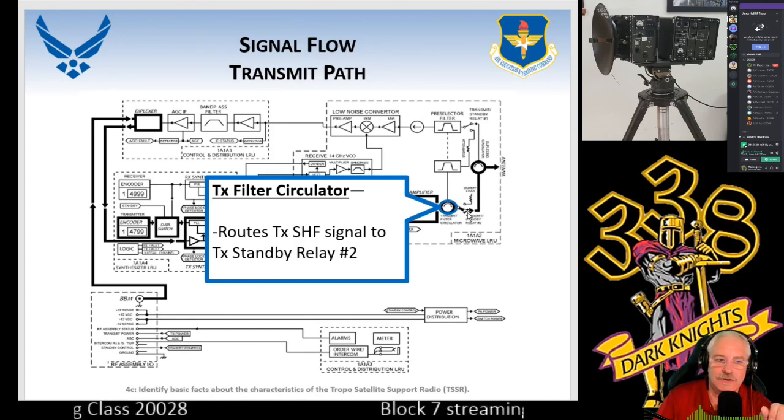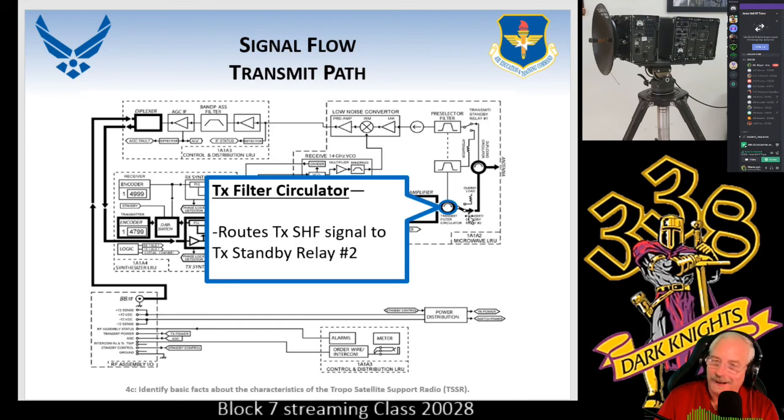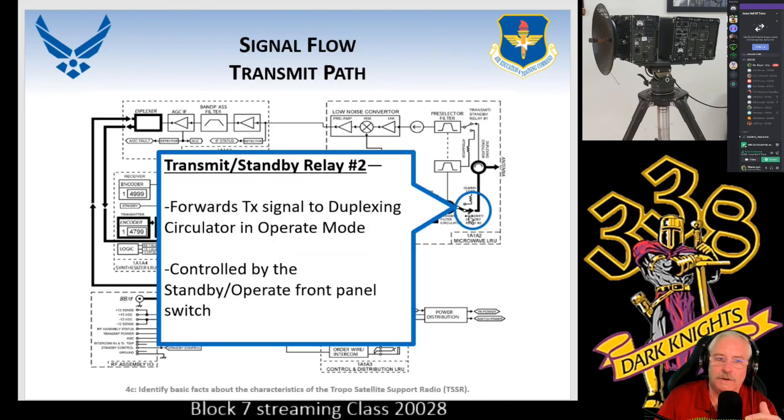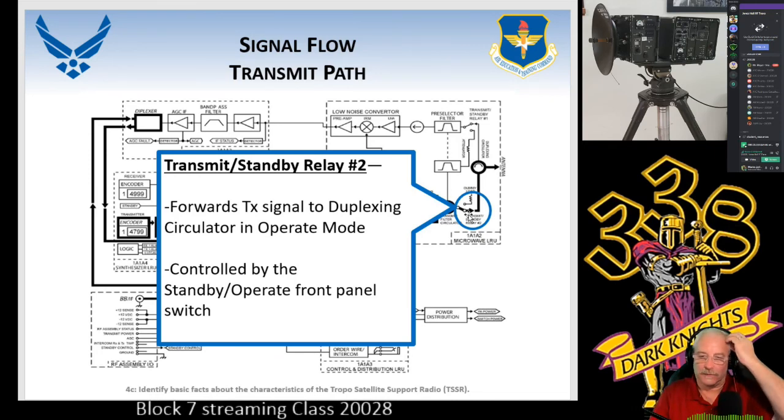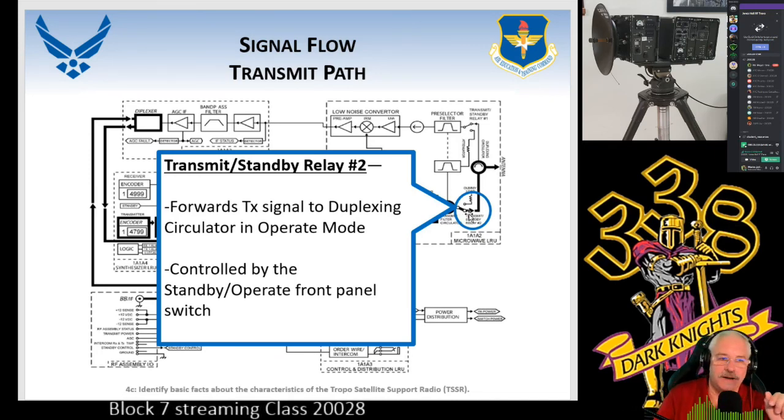It goes through standby relay 2. This is in the operate position. So the operate position gives that switch an indication I need to flip in the down position so I can let the RF go through. This is also controlled on the front panel of our baseband assembly.